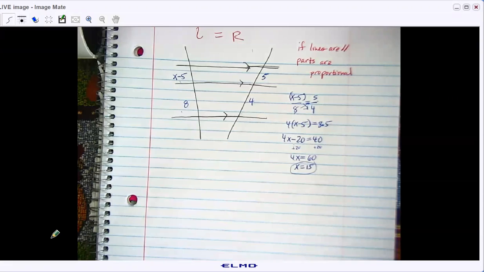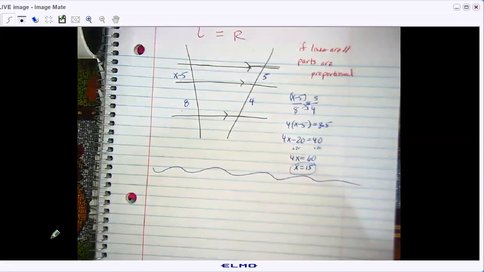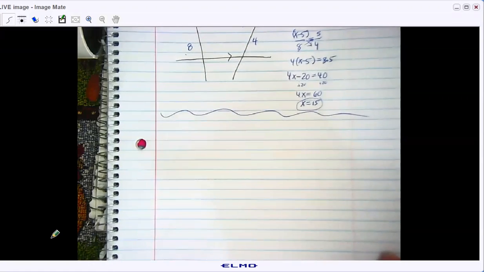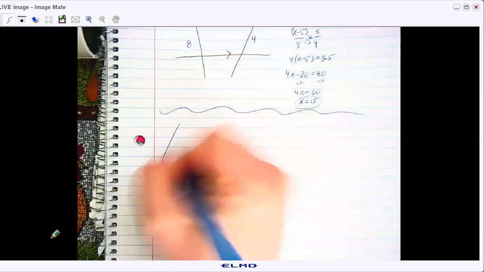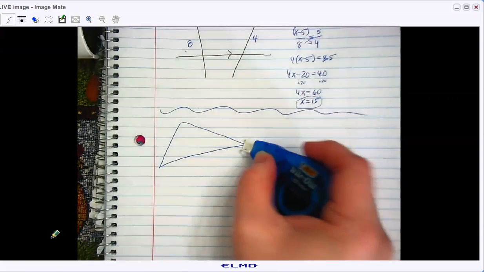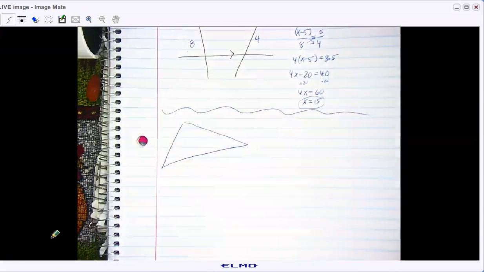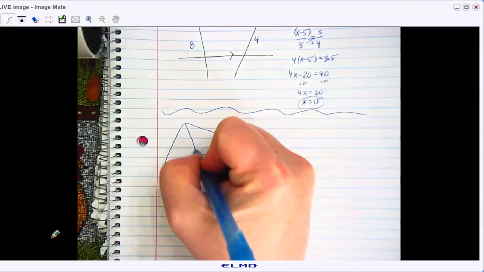Okay. So here's this third type of proportional problem that we're going to see today. We're going to be given a triangle, and we're going to be told that this is an angle bisector.